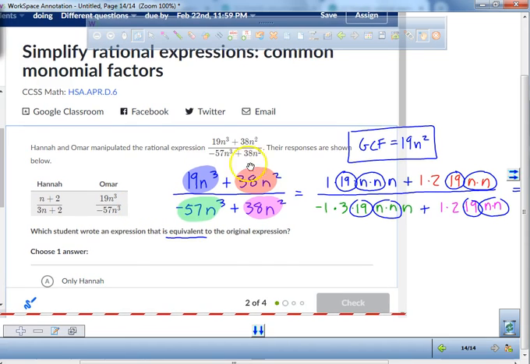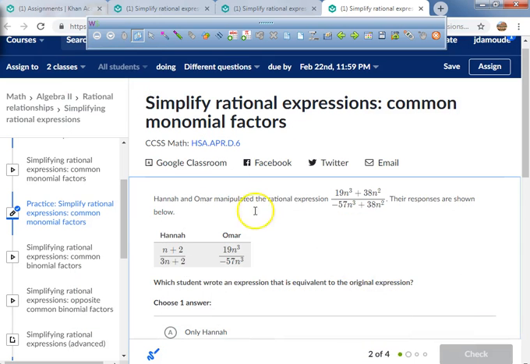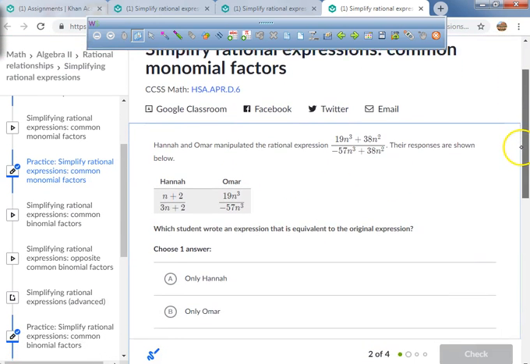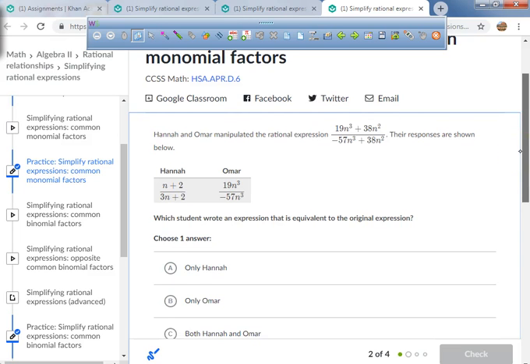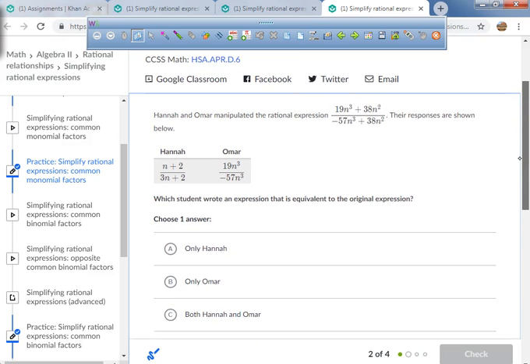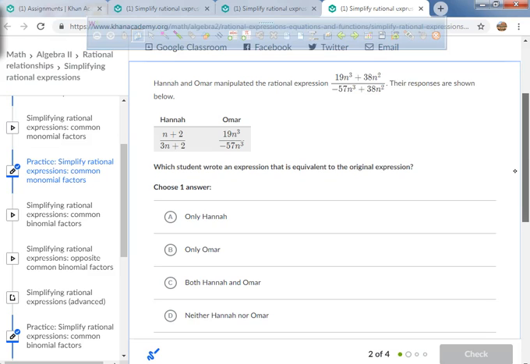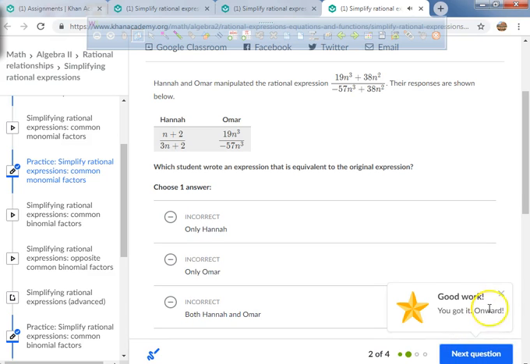I'm sorry, Omar. Now, if I was a teacher, would I give partial credit for Hannah's answer? Yes, I would. I'd give her partial credit. But what would be the correct answer for this? Neither. That's right. Neither. Good work.